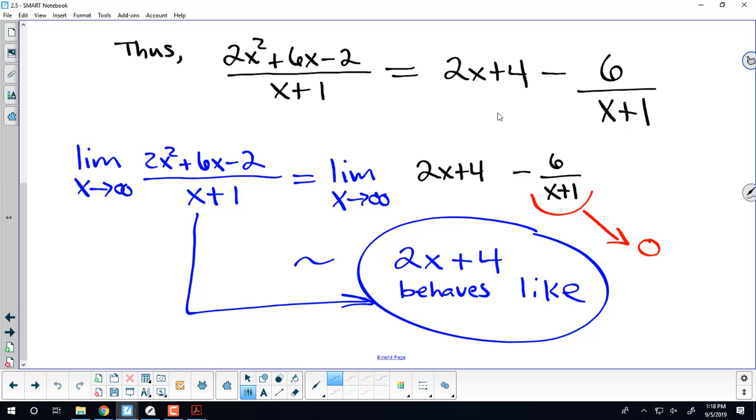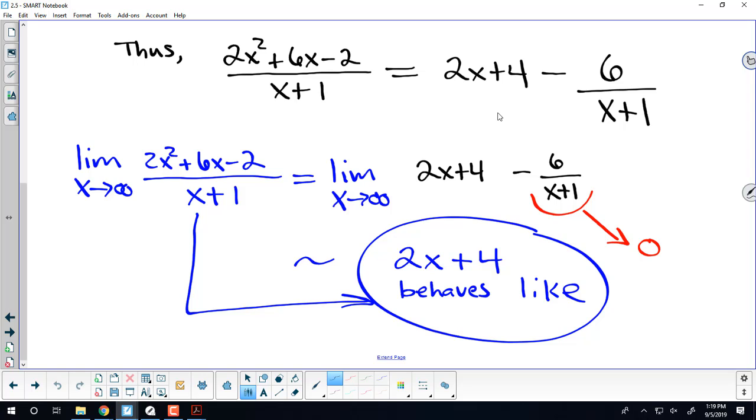So we have our quotient plus the remainder over the divisor. And then we said, well, if we looked at the limit at infinity on that instead, the 6 over x plus 1 would approach 0. So for large values of x, the original function is going to look like 2x plus 4.